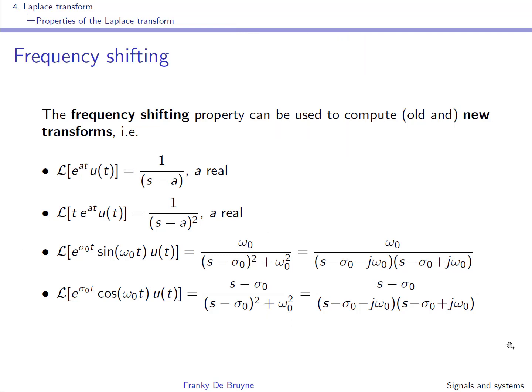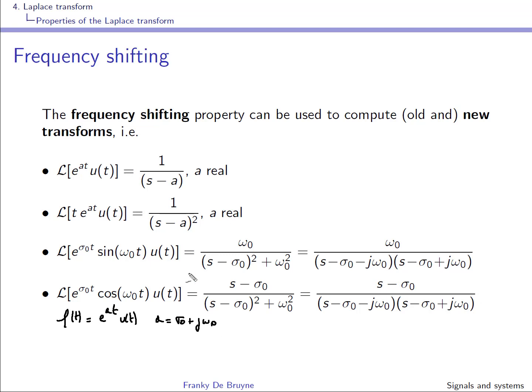So here I want to make the link with something that we've seen in section 2 at the end, where we had considered this complex exponential function, the exponential of at u of t, where a was complex and was equal to sigma 0 plus j omega 0.